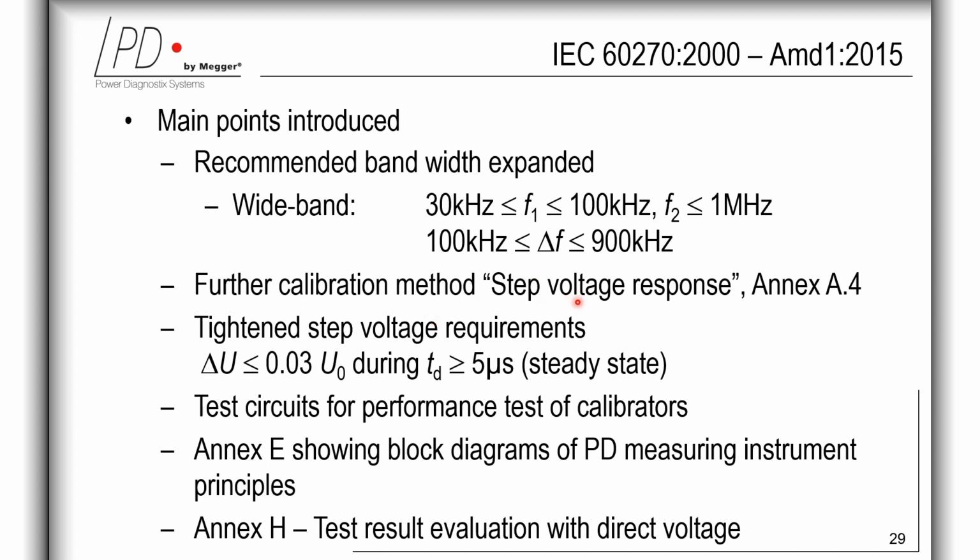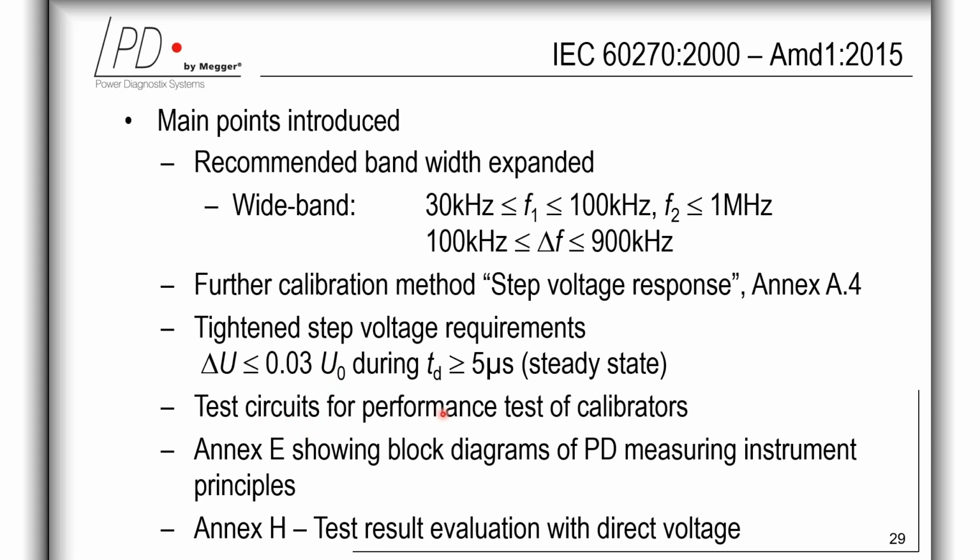The rise time was set to a maximum of 60 nanoseconds, and time to steady state no longer than 200 nanoseconds. And the stable step voltage duration is to be at least 5 microseconds, and the absolute voltage deviation, delta U, is not larger than 3% of U0, which is the step voltage magnitude.